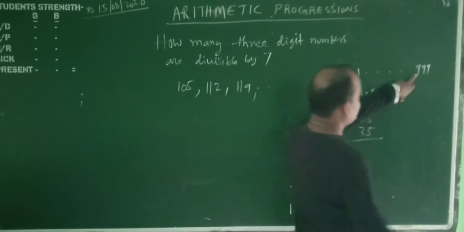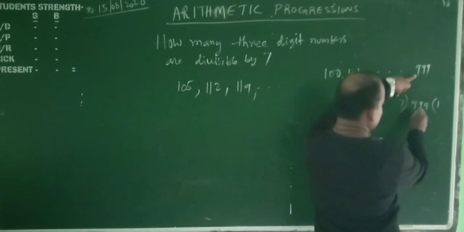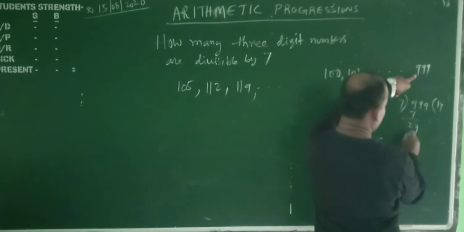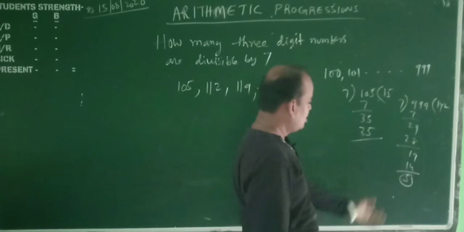What about the last one? Observe: divide 999 by 7. 7 fours are 28, 7 twos are 14, and the remainder is 5.